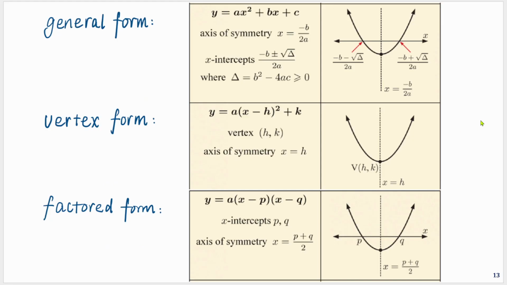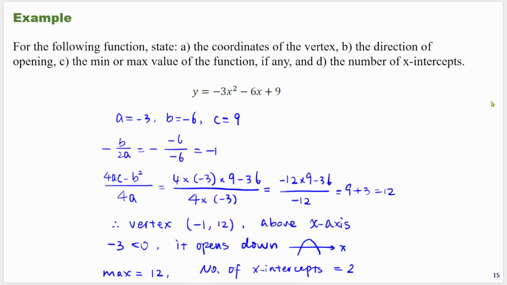If you don't know anything about it, it's better to use the general form, right? So make sure you are very familiar with these 3 forms and choose one of them according to the specific question. Sometimes vertex form is easier, sometimes factored form is easier. If you don't know anything, you can always refer to the general form, right?